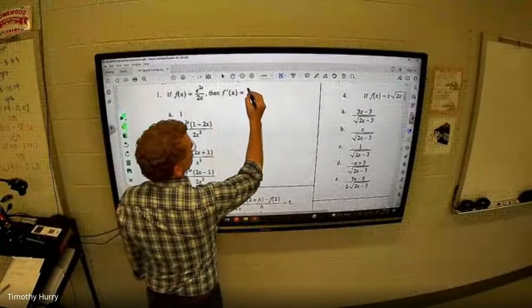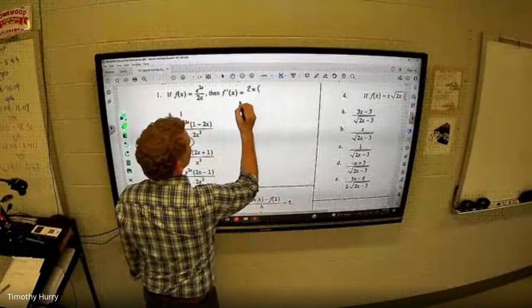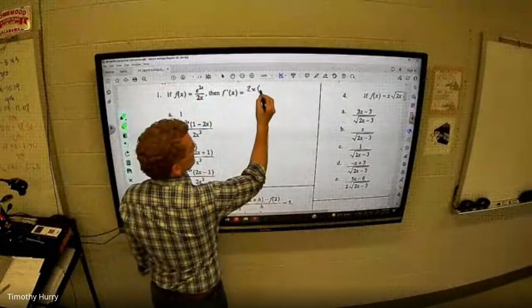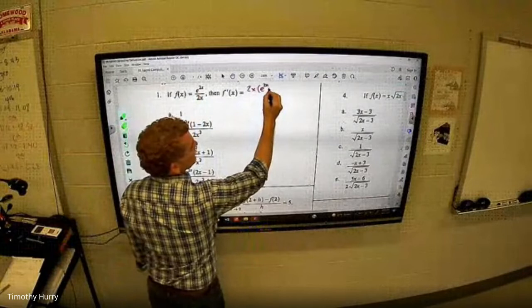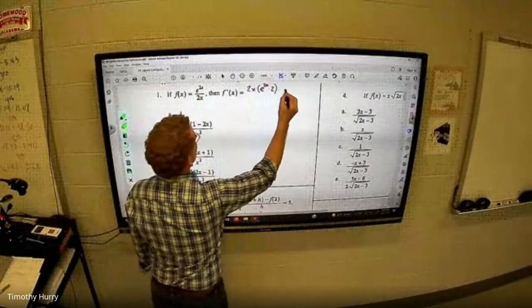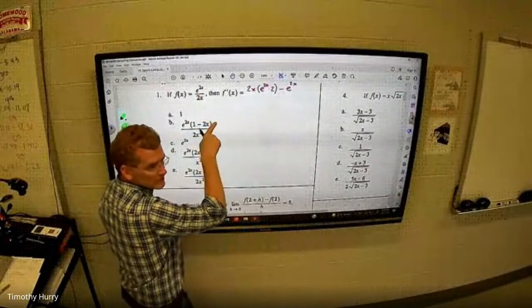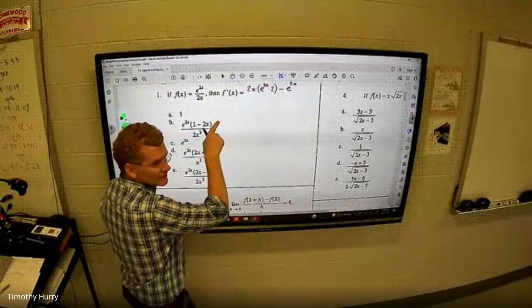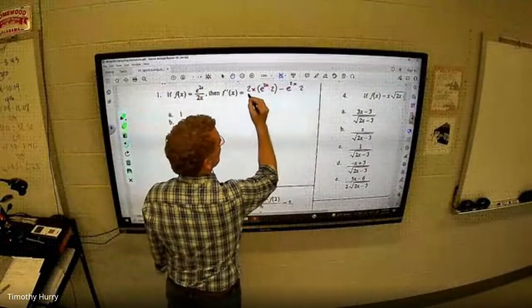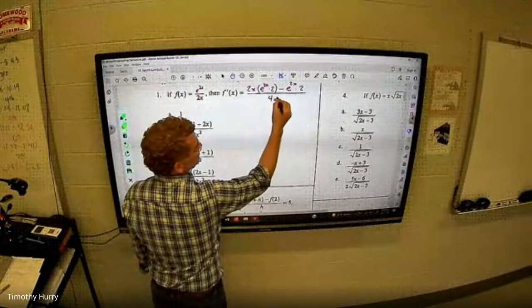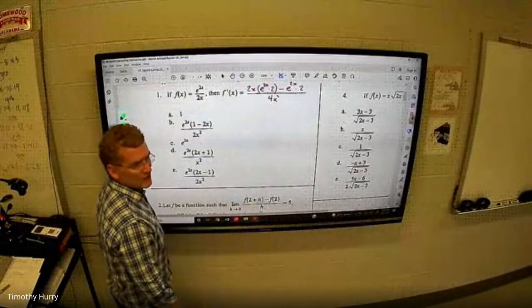So here's my low. Derivative of the high would be what? e to the 2x times the derivative of 2x, which is 2, minus high times the derivative of the low, times 2, all over the low squared, which is 4x squared after you simplify.